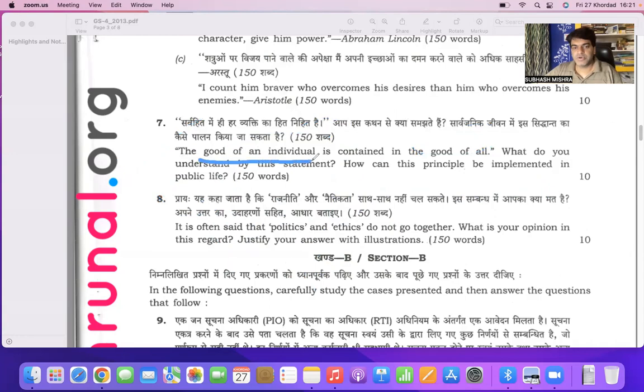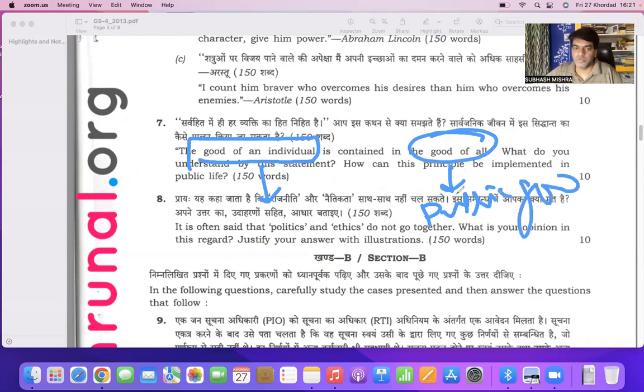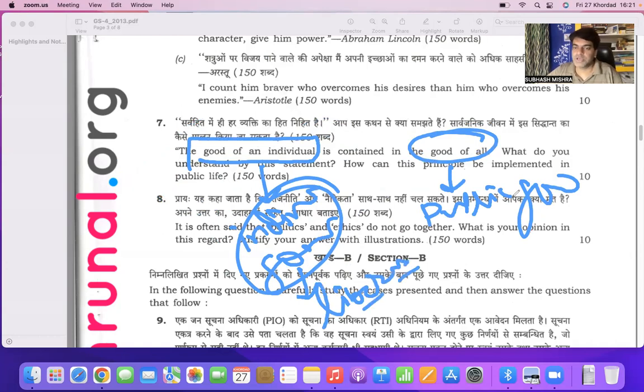So what is this talking about, the good of an individual and the good of all? Good of all means public good. Good of an individual is individual good, or individual goal, or individuality. What the West is telling is about the liberty principle, related to individuality. The LPG goal is what?